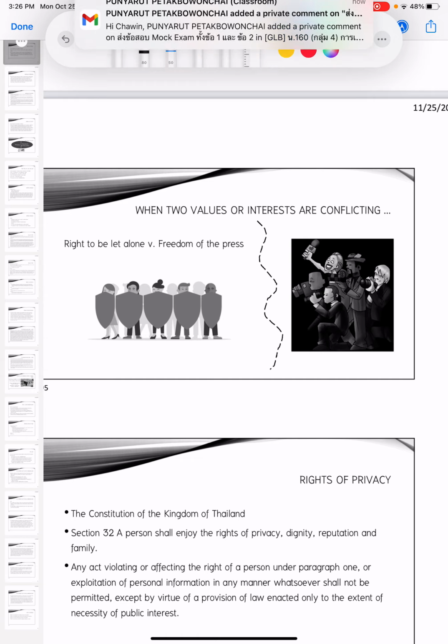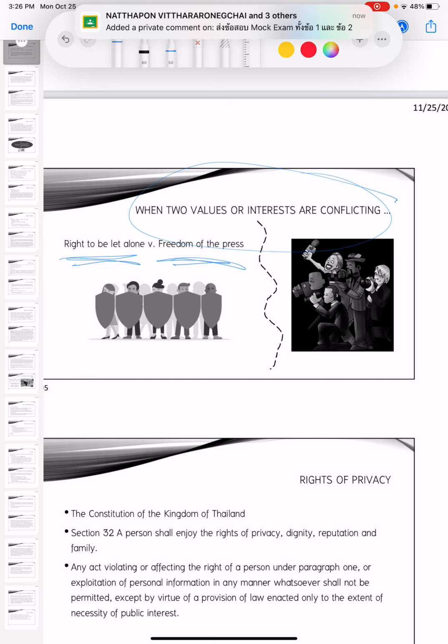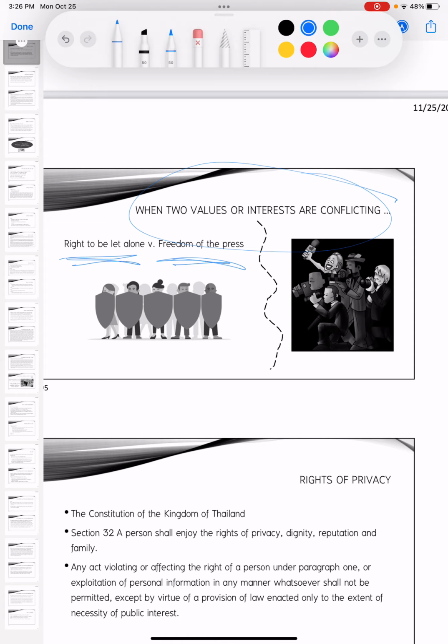Again, from this slide, when two values or interests are conflicting, we need to decide. In the context of the conflict between media freedom and the right to privacy, the right to privacy that we focus on is the right to be let alone, which Warren and Brandeis explain in their article as the right of a person to be away from public attention.